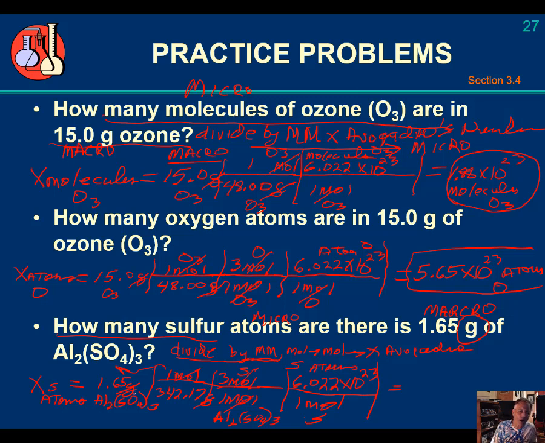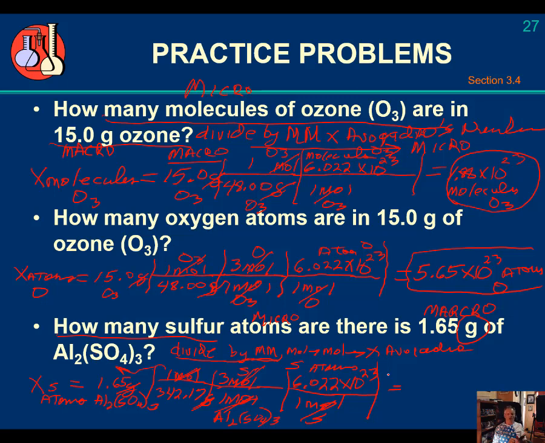Let's check the units. Grams of aluminum sulfate cancel. Moles of aluminum sulfate cancel. Moles of sulfur cancel. And we're left with atoms of sulfur.